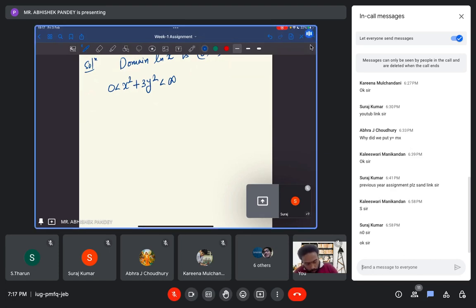Now if you see this one, x square plus 3y square is equals to 0. So this will give you that x comma y should be 0 comma 0.